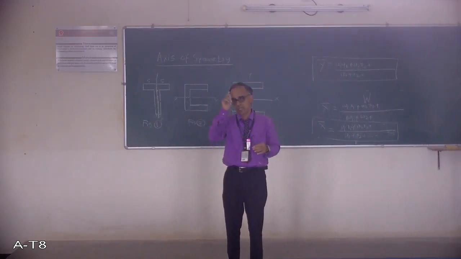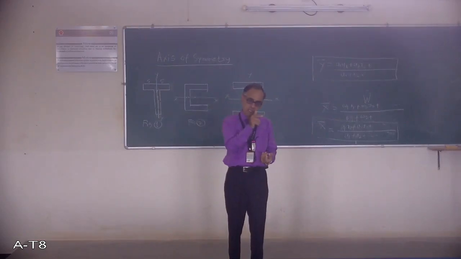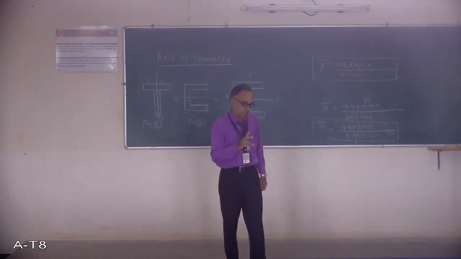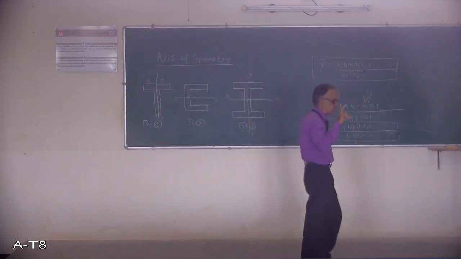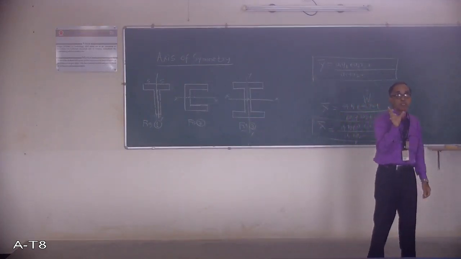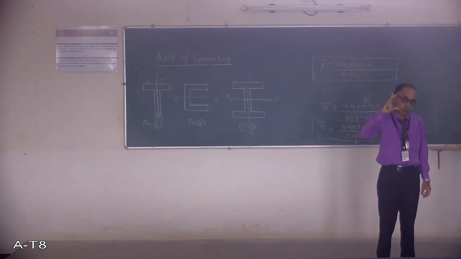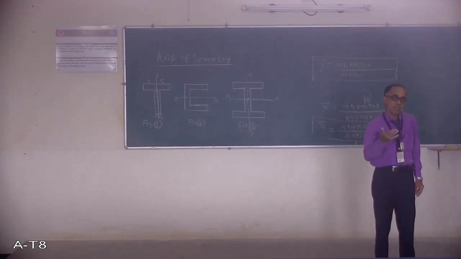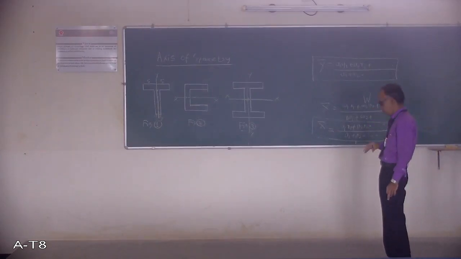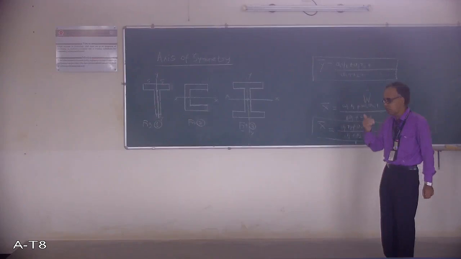The resultant is W, and the perpendicular distance is x bar. So W into x bar is equal to the individual forces: W1 into x1, parallel to the x axis, plus W2 into x2 plus W3 into x3 plus W4 into x4 and so on. Then we got the equation x bar equal to that sum divided by W.